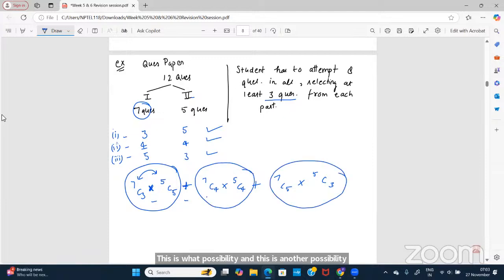Out of these 3, only one can be selected at one time. Either the student will be selecting 3 questions from the first part and 5 from the second part, or 4 from the first and 4 from the second, or 5 from the first and 3 from the second, right? So that's why we will be adding these possibilities. Any doubt in this?